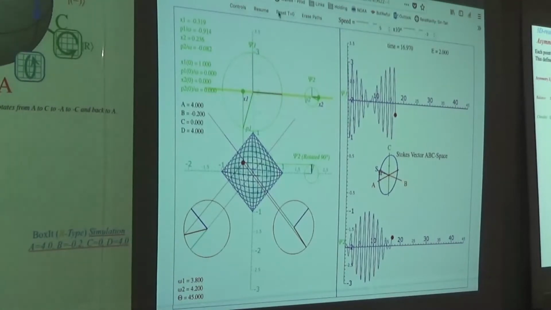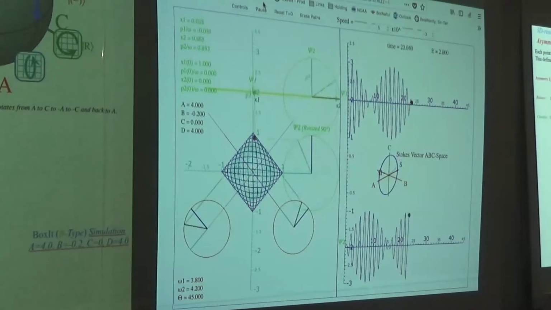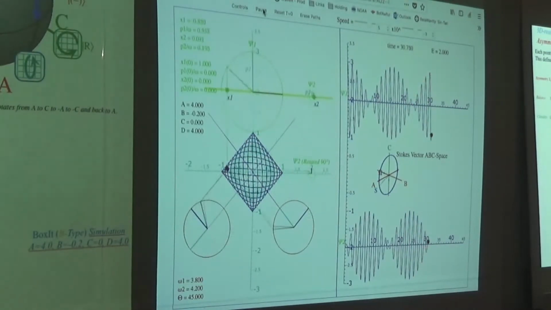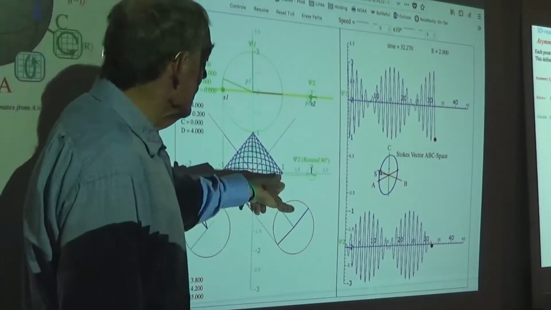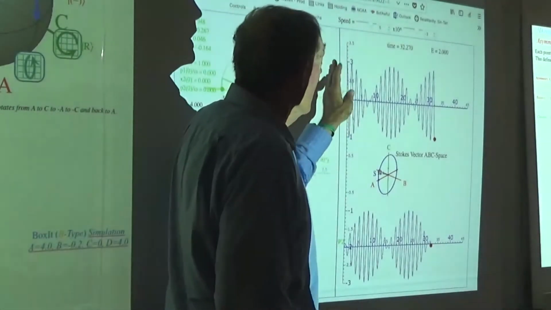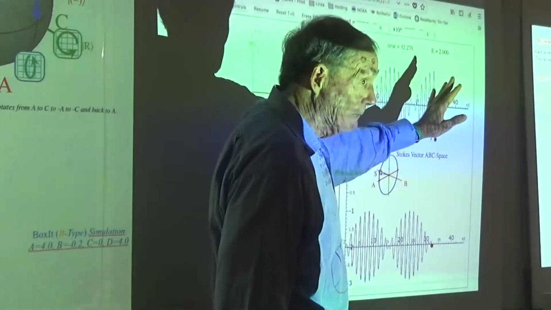Let's let her go again. Resume. When it peaks out again, whoop, I didn't catch it, but you saw it, it was right there, right? And now we've had a full beat, as measured by spin people.